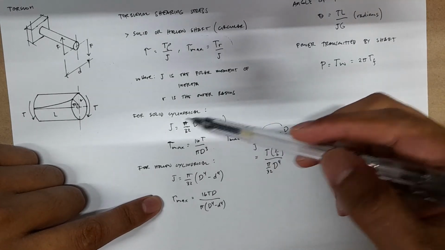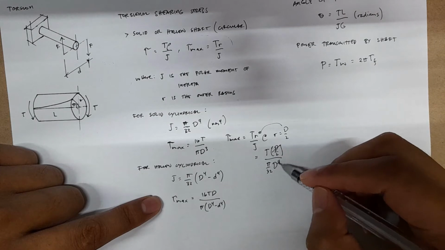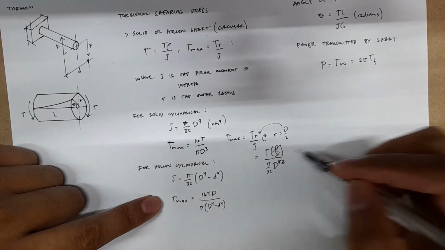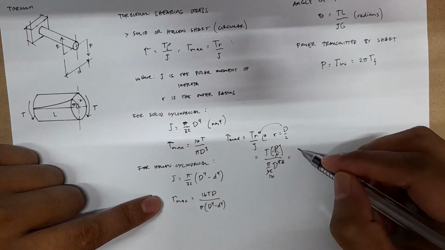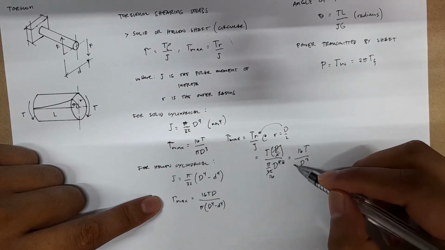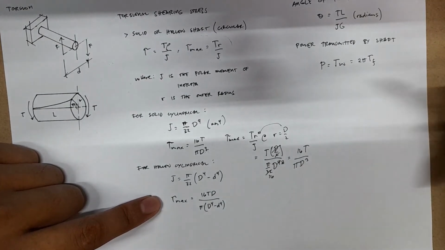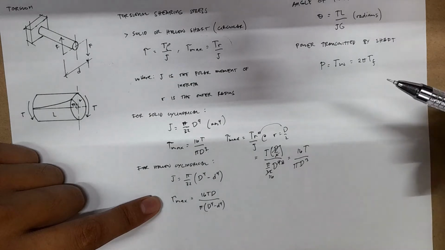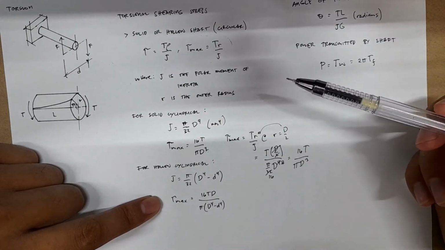For this one, this is for a circle. So cancel the 3, this becomes 16, and of course it becomes 16T divided by pi d cubed. Just in case you forget this one, because of memorizing too many equations, it's important that you know where this comes from.